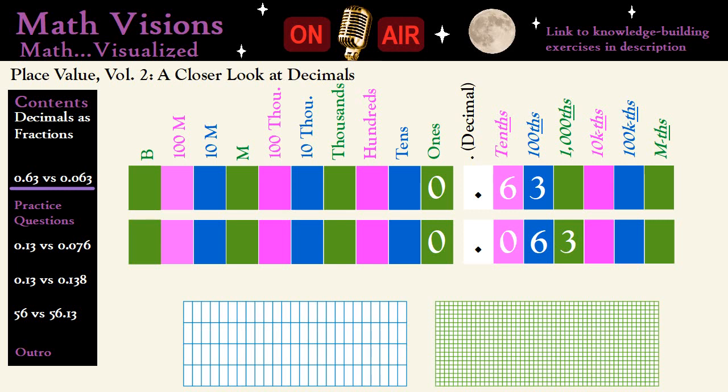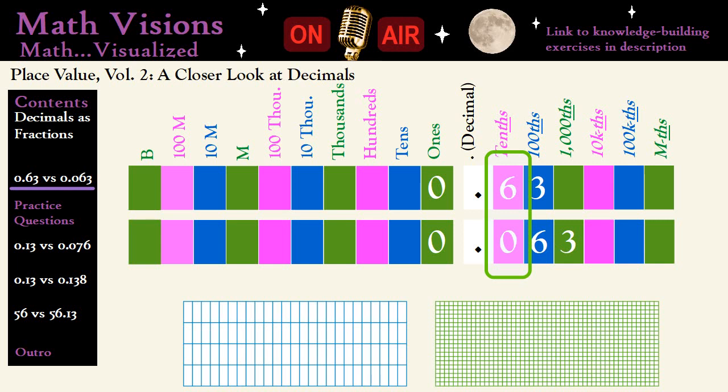I've written 0.63 as well as 0.063, since both numbers have the same value to the left of the decimal, in this case 0 or blank space. We look at the digit immediately to the right of the decimal.